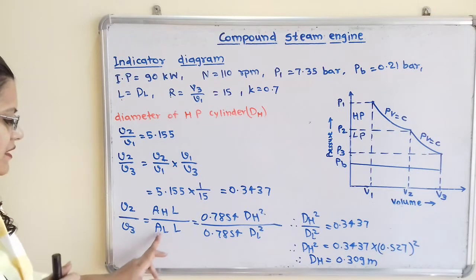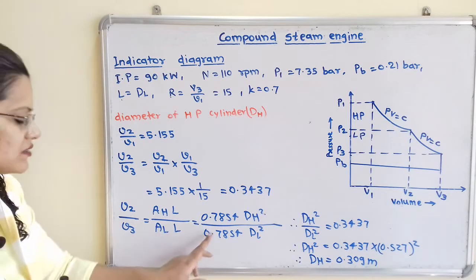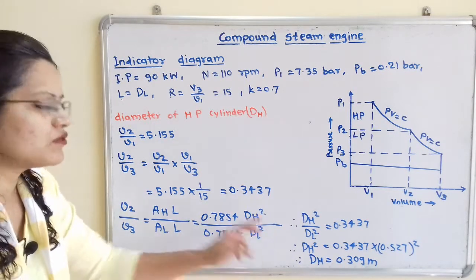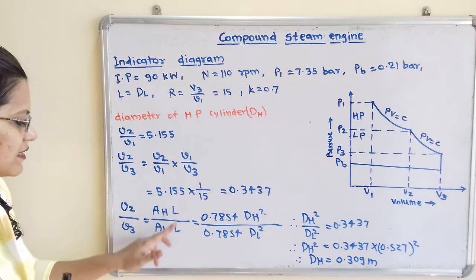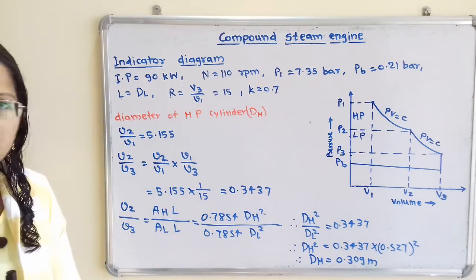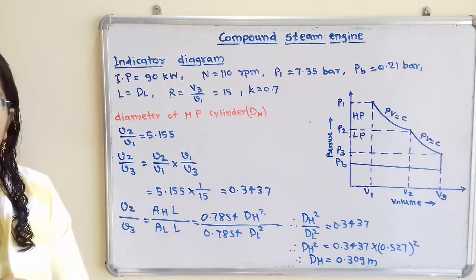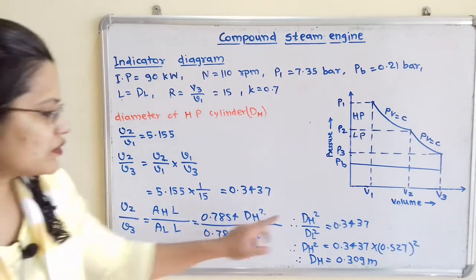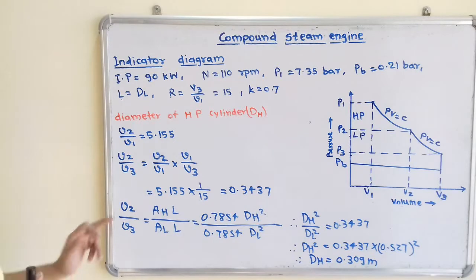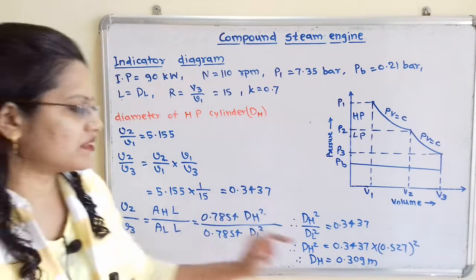And for this V3, AL into L, that is 0.7854 into dL square. So this L is the common term that is getting cancelled. So here also 0.7854 common term that is getting cancelled. So dH square by dL square. So this value for V2 by V3 is 0.3437.